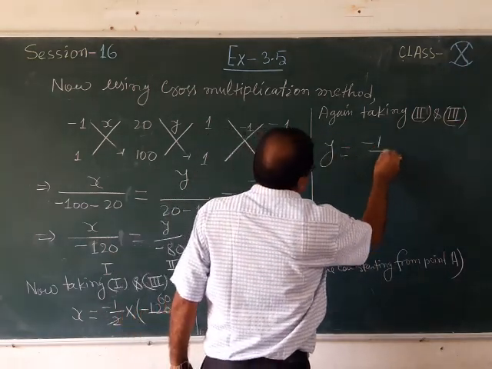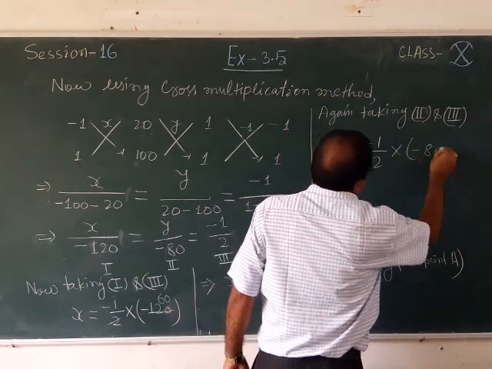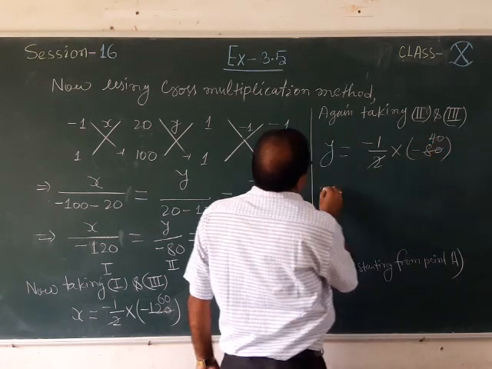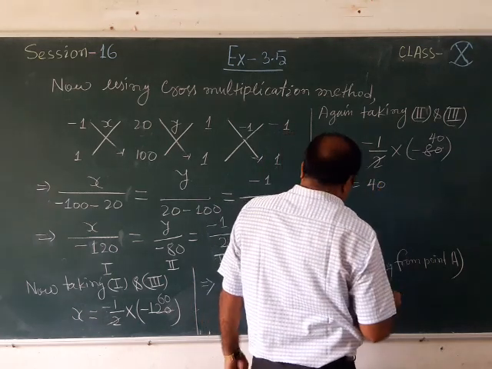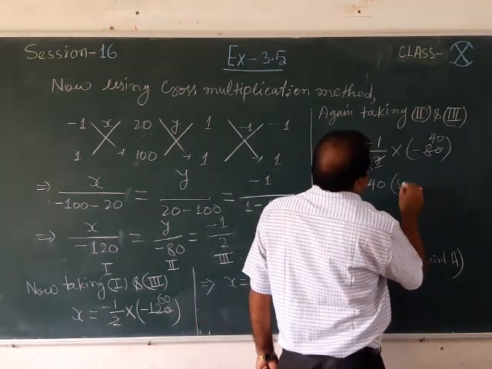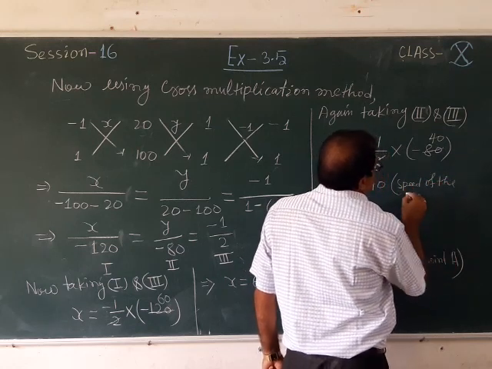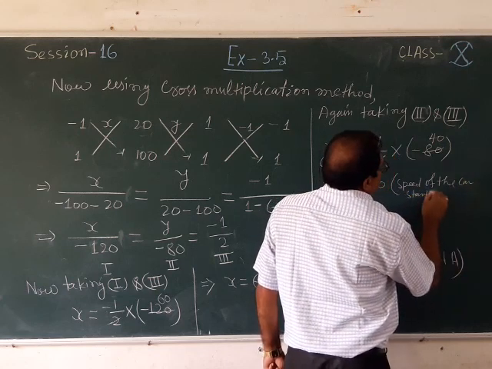It will be -1 upon 2 into -80. Here 2 fours are 4, therefore you can see y equals 40, and that is the speed of the car starting from point B.